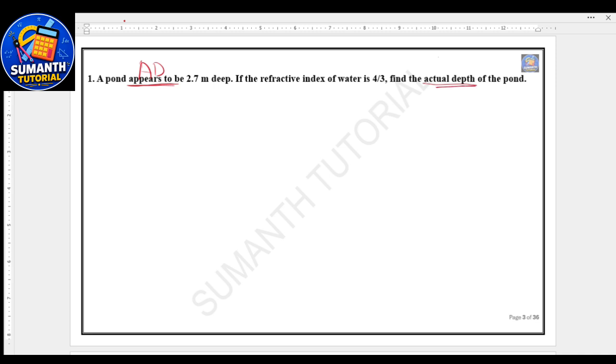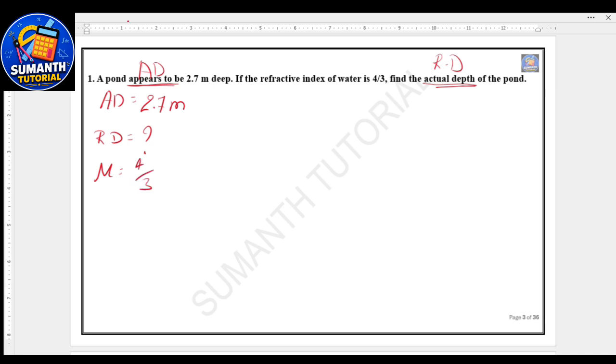So this is the real depth. Now the apparent depth is given as 2.7 meter, and the real depth is what we have to calculate, and the value of the refractive index is given, 4 by 3. This is the given part.